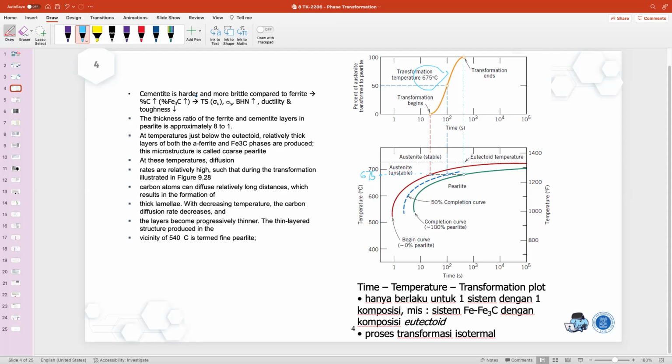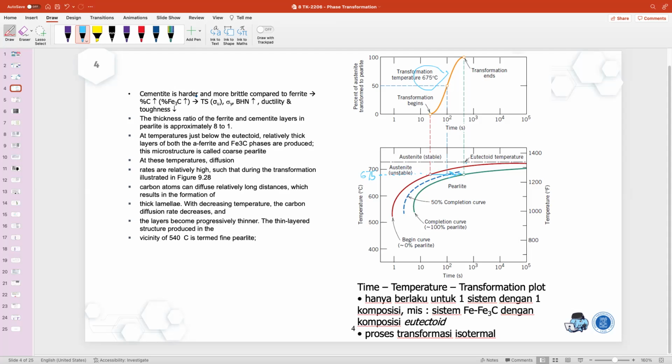So here you can see that around here the transformation occurs. From 0% pearlite around this area, this area is all austenite, but it's actually unstable. Then when you start to transform, it has 50%, and then it becomes 100% pearlite.